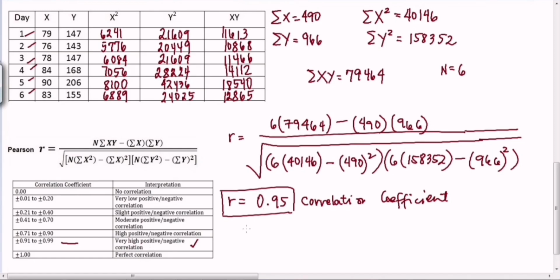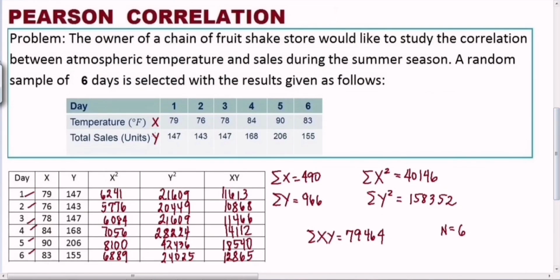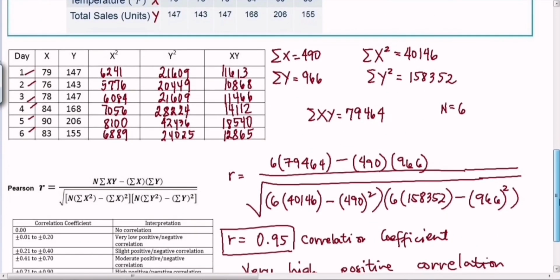So, ang degree ng correlation natin ay very high positive correlation, or mataas yung relationship ng dalawang variable na yan in a positive note. Ibig sabihin, kung yung isa ay pataas, yung isa rin ay mataas. So, ibig sabihin siguro guys, kung mataas ang temperature, mataas din yung total sales. Kasi positive siya, positive correlation.